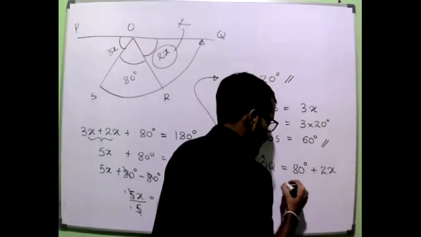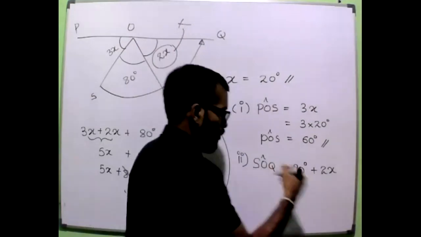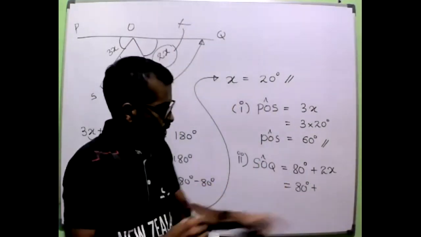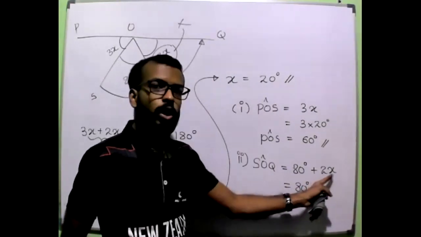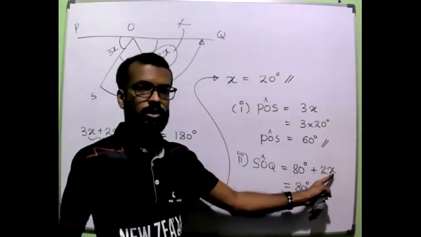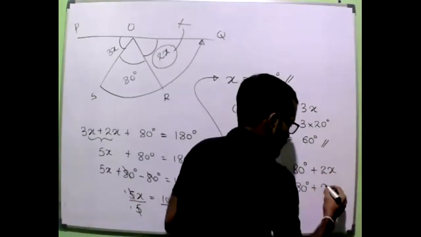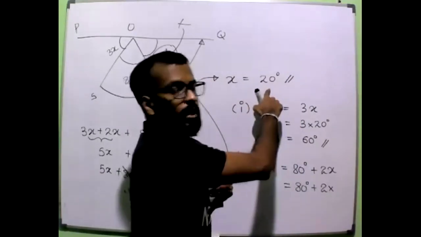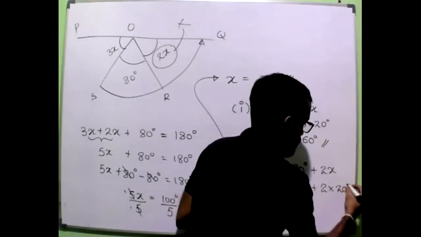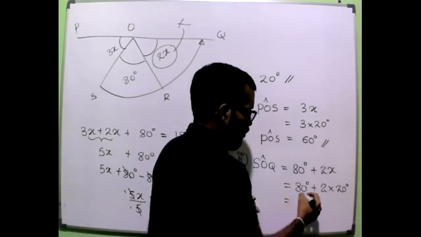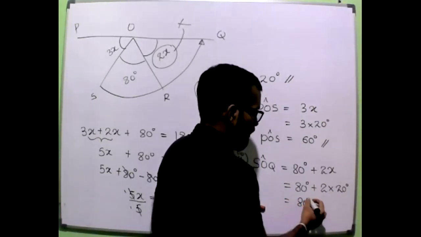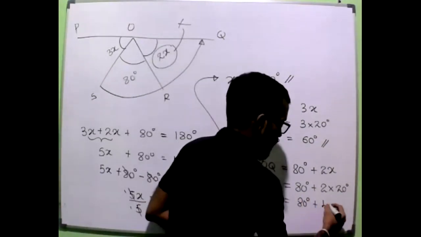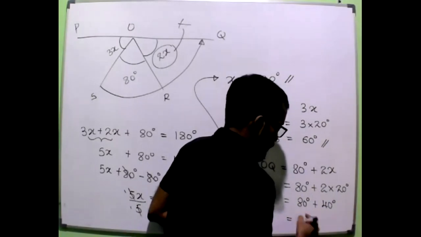80 plus 2x equals 80 plus 2 times x, 2 multiplied by x. x means 20 degrees. So now here you have 80 plus 2 times 20, which is 40.